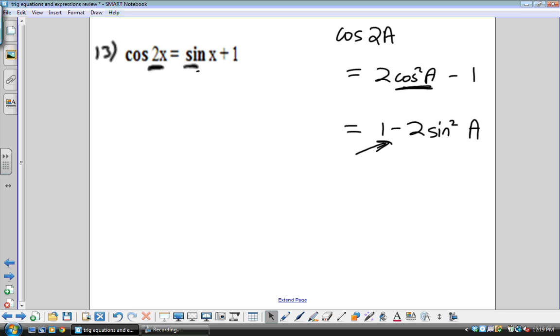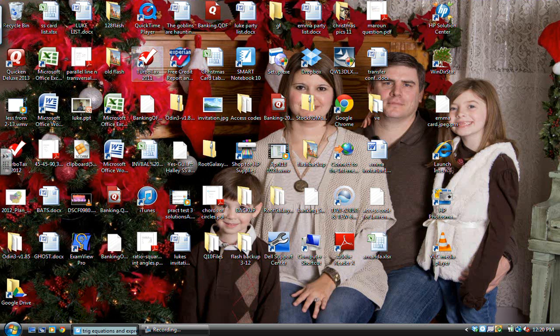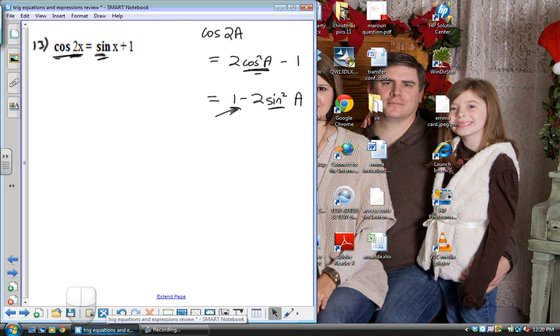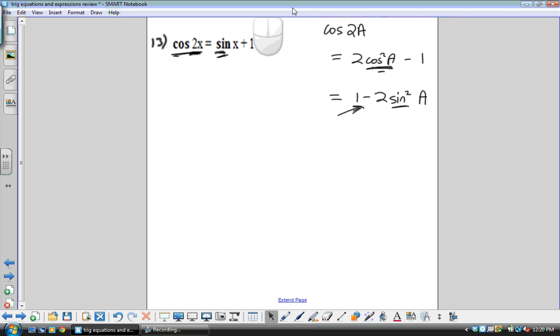If I've got over here a sine x, then what's going to go better with it would be a sine squared as opposed to a cosine squared. So for cosine of 2x right there, I'm going to substitute there 1 minus 2 sine squared x.